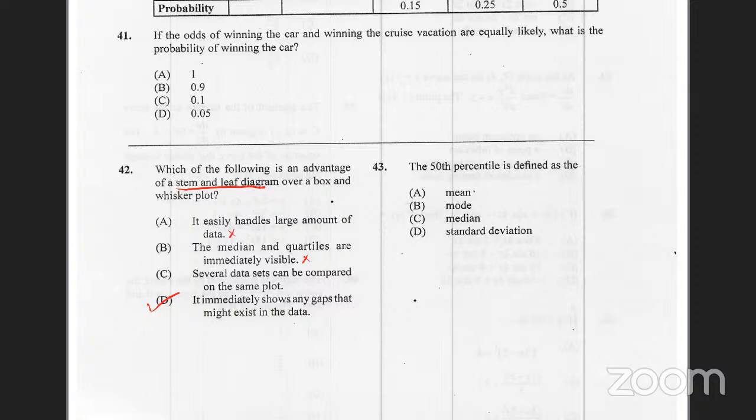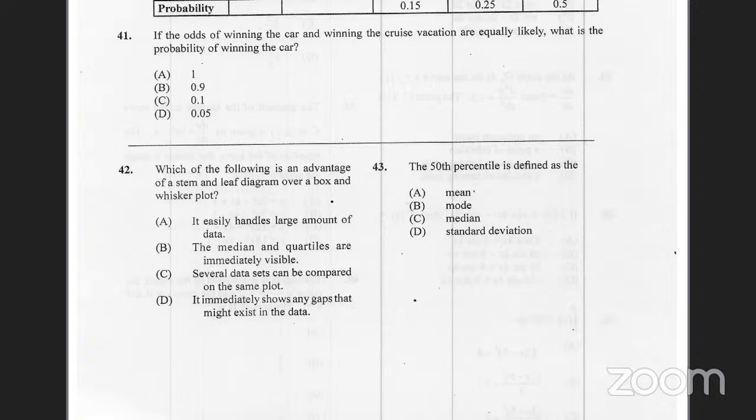You only really do 2 plots on the stem and leaf, right? Yeah, so if you have gaps in your data, the stem and leaf will show you that one time.